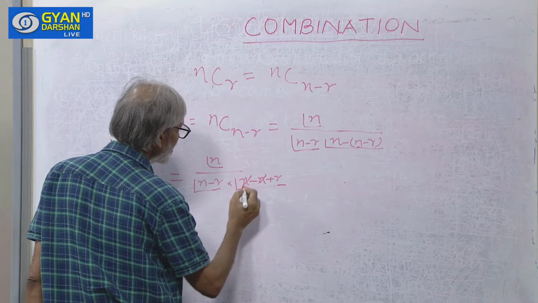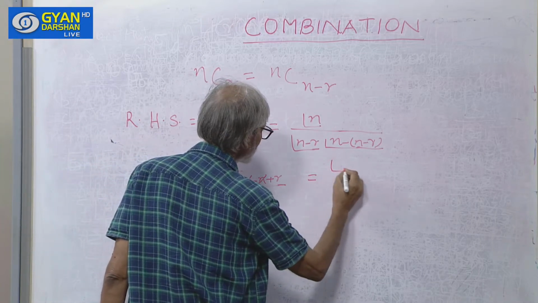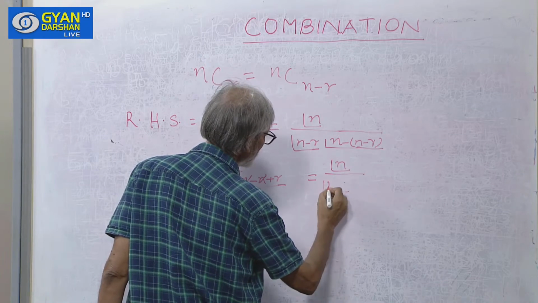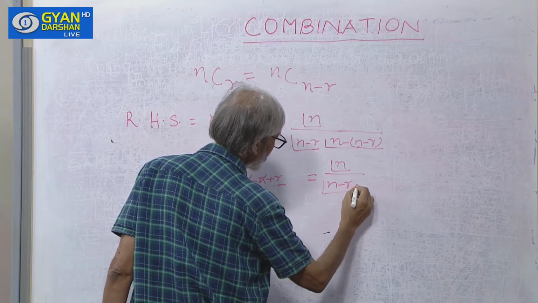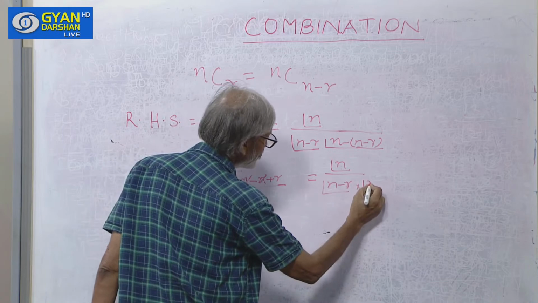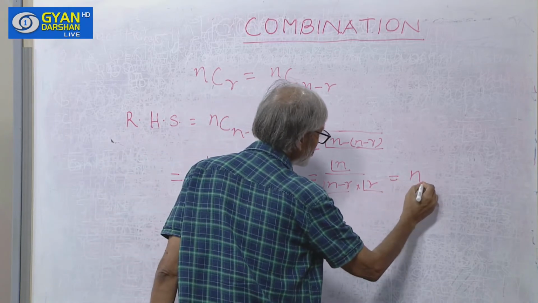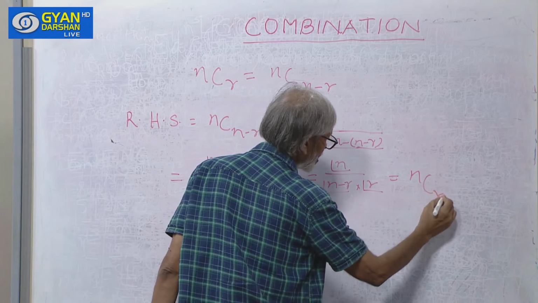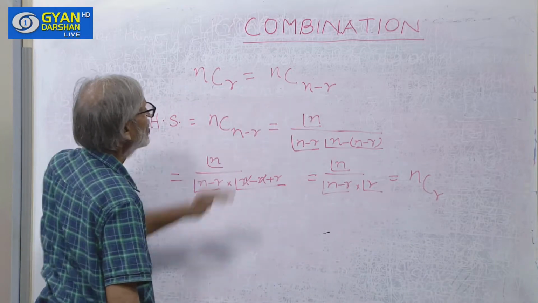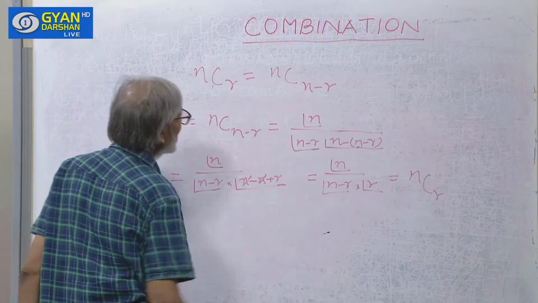So, n will be cancelled out and this will become factorial n divided by factorial n minus r into factorial r, and this is equal to nCr, that is LHS. So, you see nCr will be equal to nC(n minus r).